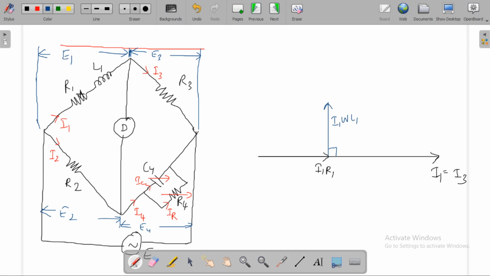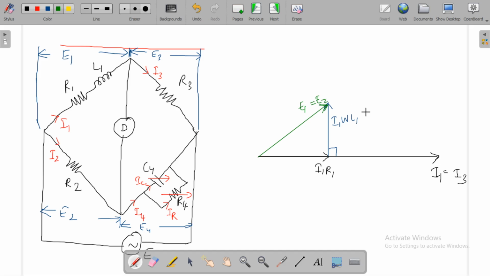Now the phasor sum of the voltage across R1 and the voltage across L1 gives E1. E1 is equal to E2.